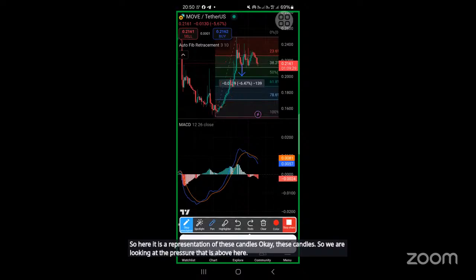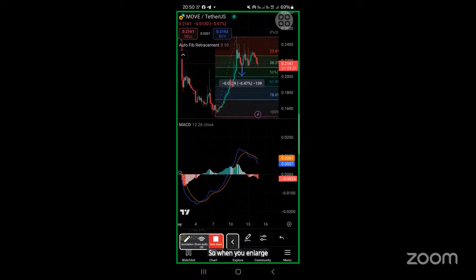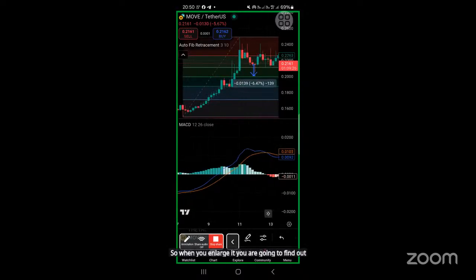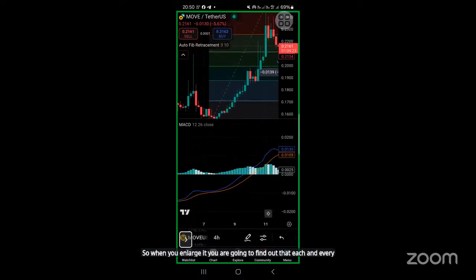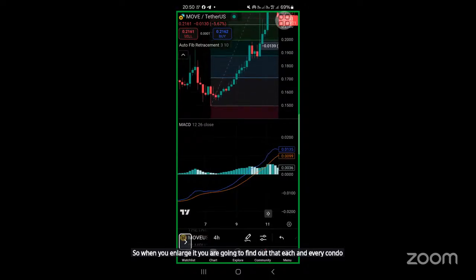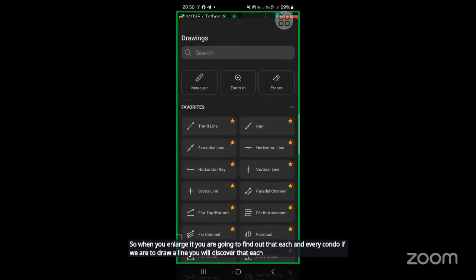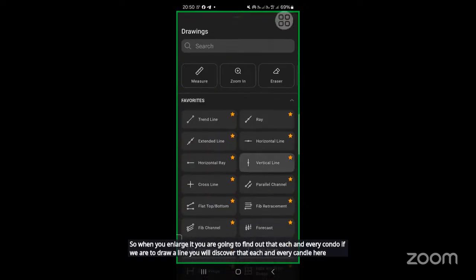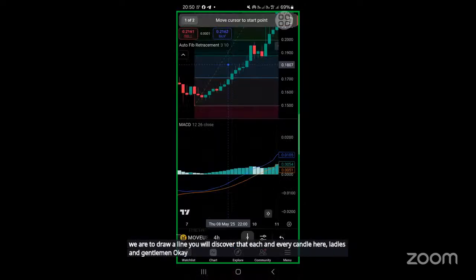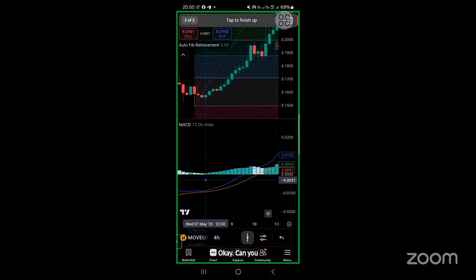When you enlarge, you are going to find out that each and every candle here, if we are to draw a line, can you see where I have put my line?